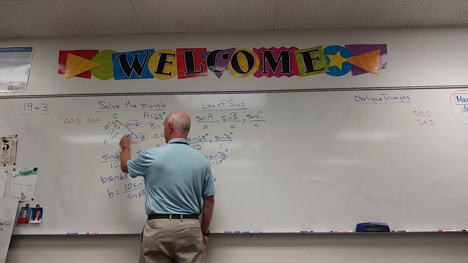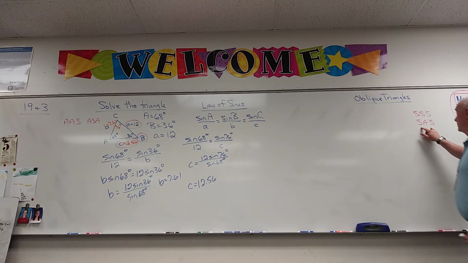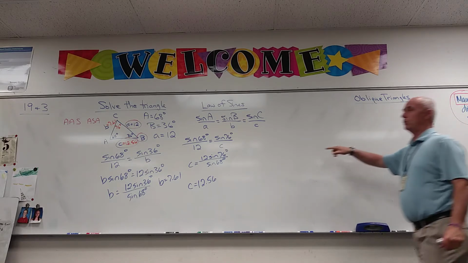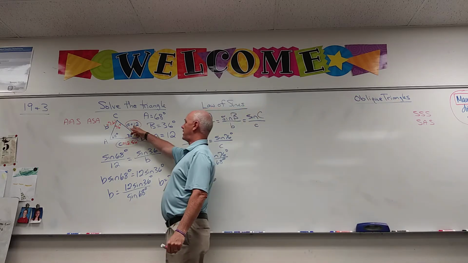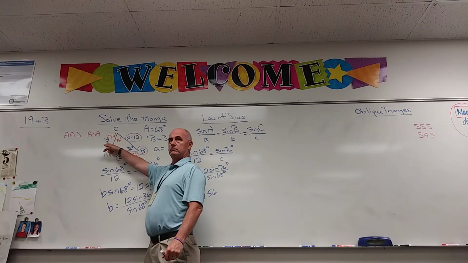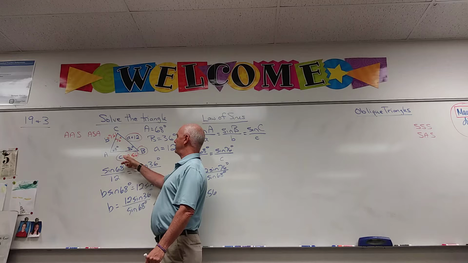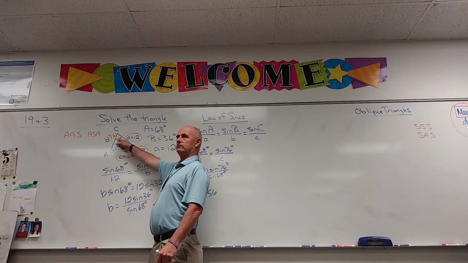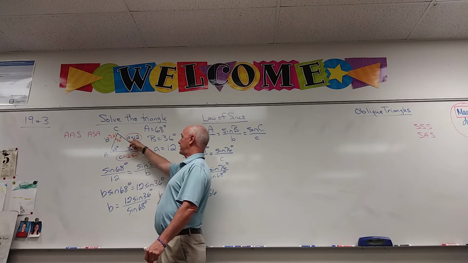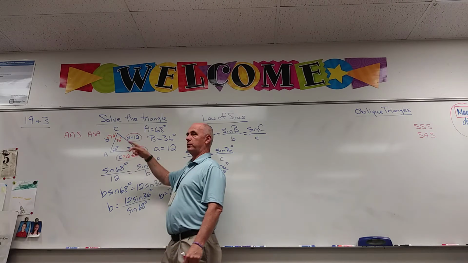It would have to be C, right? Because SAS means that the angle is in between the two sides. If we're taking this side and this side, we can't take this angle. If we're taking this side and we have SAS, we have to take the angle that's in between.